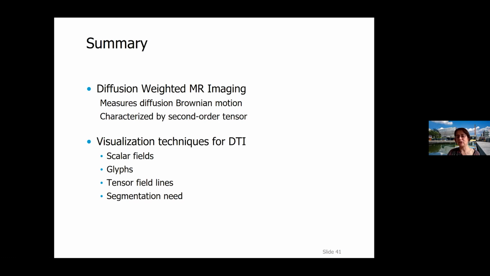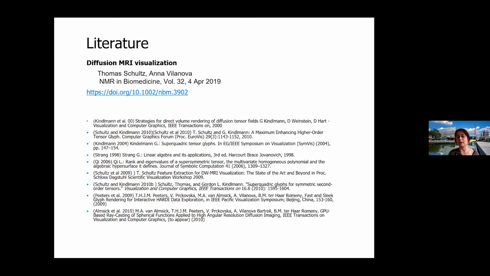But this is rather just the basis. There is much more literature and work on that. We have a recent overview on diffusion MRI visualization. There are also other overviews and state-of-the-art reports. So maybe it's good if you are interested to have a look at those.